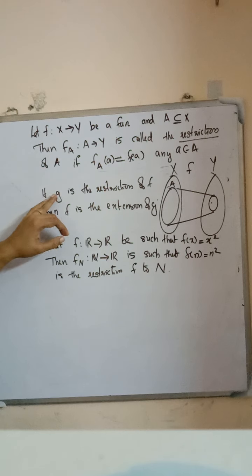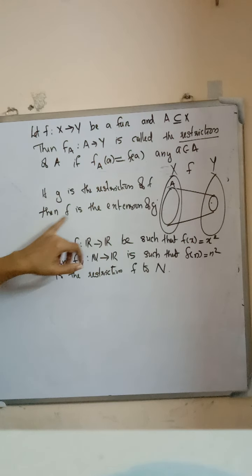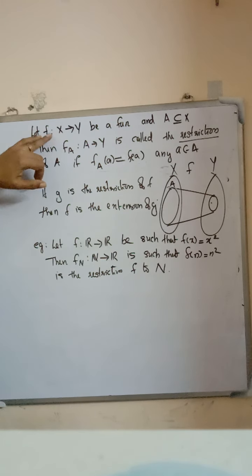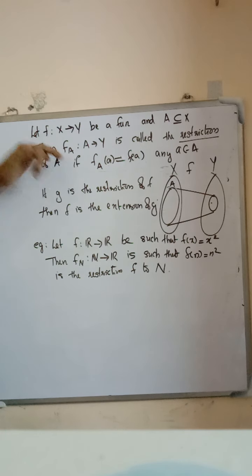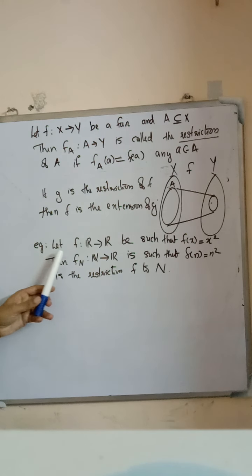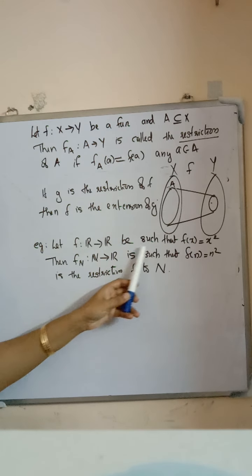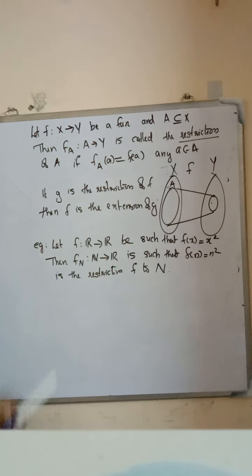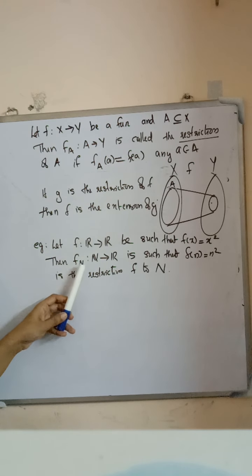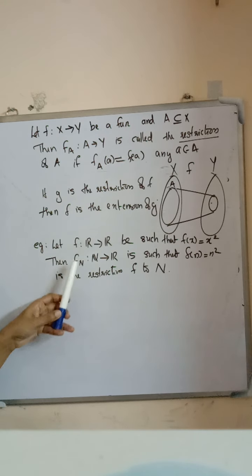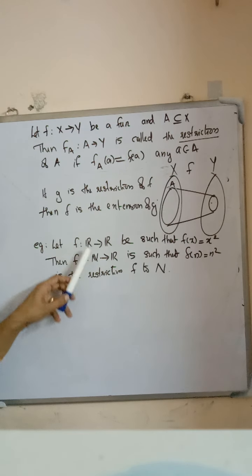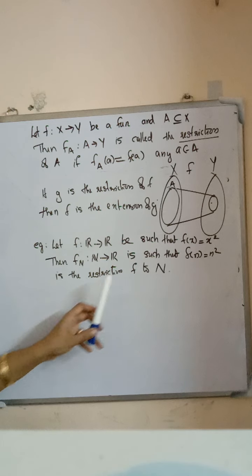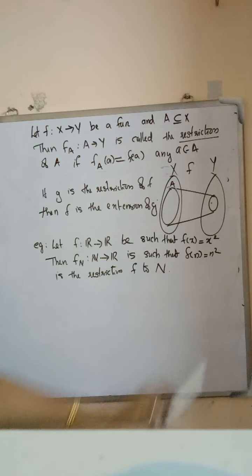Also, if g is the restriction of f, then f is the extension of g. So here f_A is the restriction of f, and f is the extension of f_A. For example, consider f from R to R such that f of x equals x squared. And f_N is the restriction, from N to R, where N is a subset of R, N is the set of all natural numbers and R is the set of all real numbers, such that f of n equals n squared.